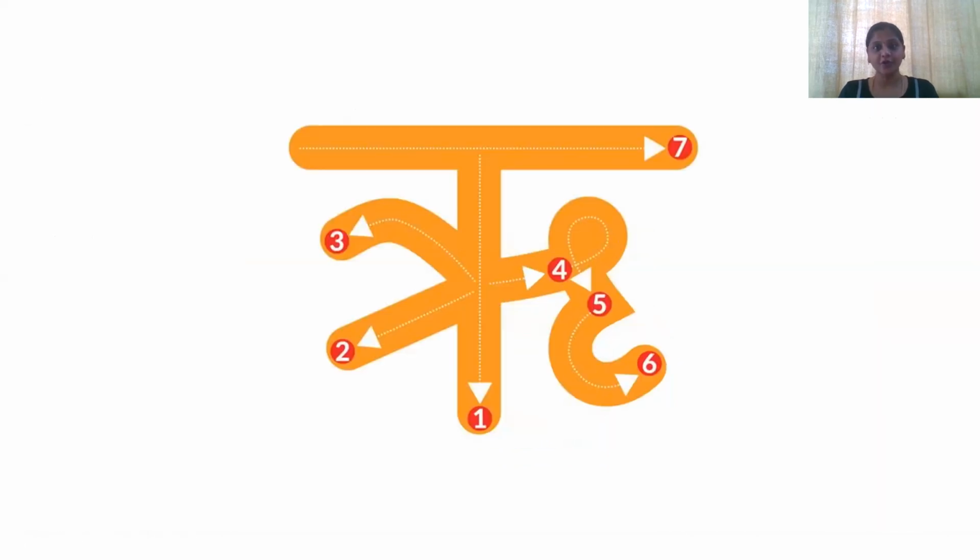This is little complicated, but let's go stepwise. The first step is draw a standing line. Then you draw a slanting line from half of the standing line and again a small slanting line from half of the upper side of the standing line.